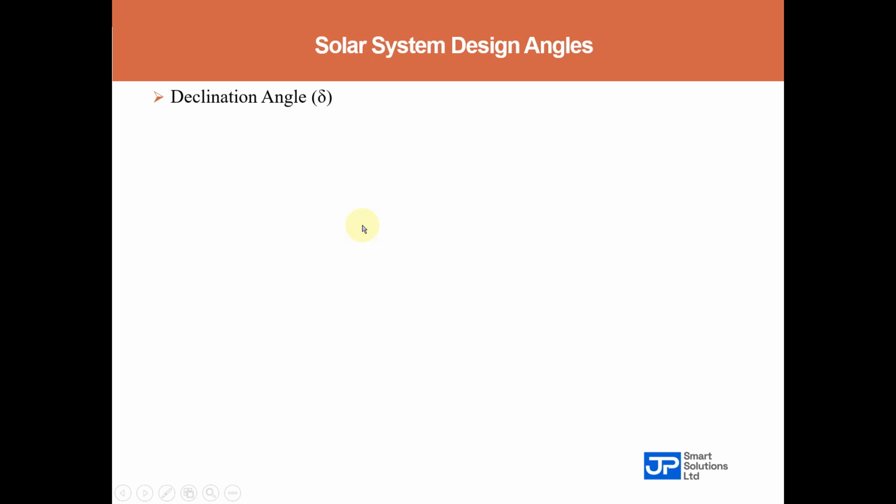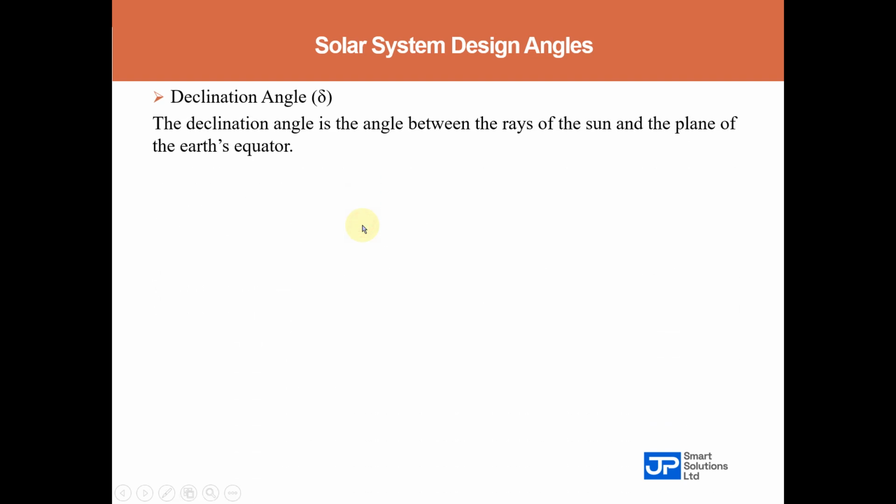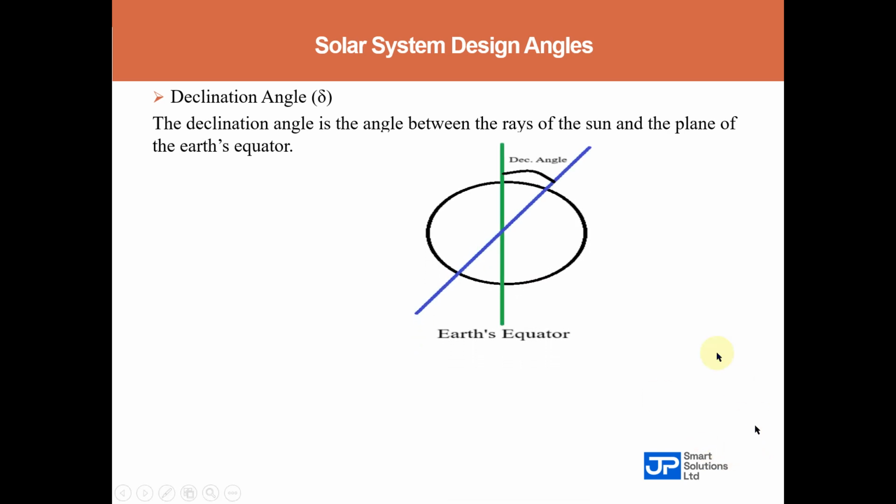Alright, so we are talking about the declination angle. And we say the declination angle is the angle between the rays of the sun and the plane of the Earth's equator. So what we mean is, this is the Earth, and we have the equator. So the rays of the sun coming from this direction, crossing the Earth's equator, forms this angle, which is the declination angle.